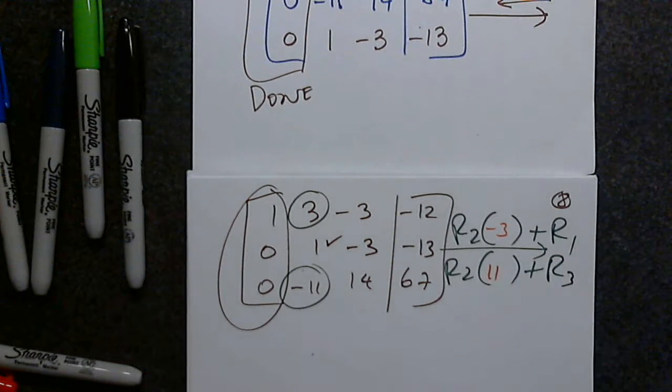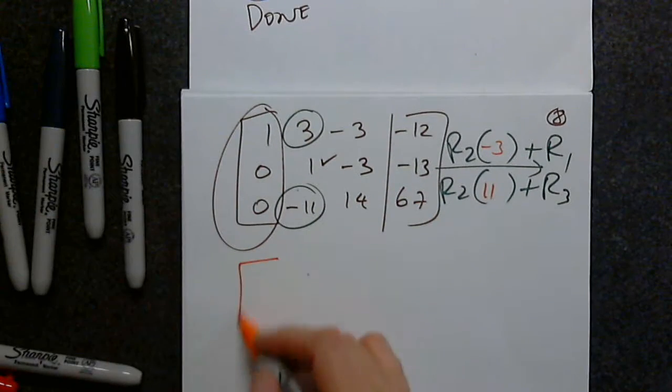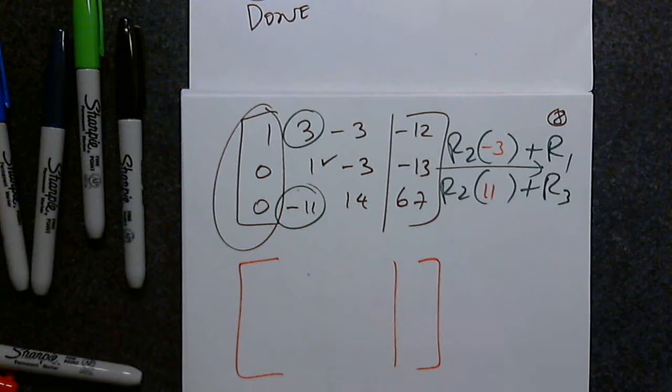Good. Which row do I copy? I'm using it, it can change. And of course the column. Perfect.